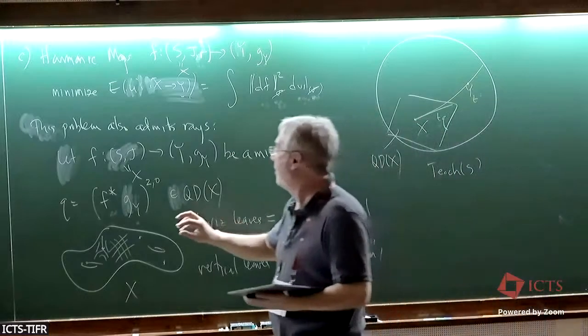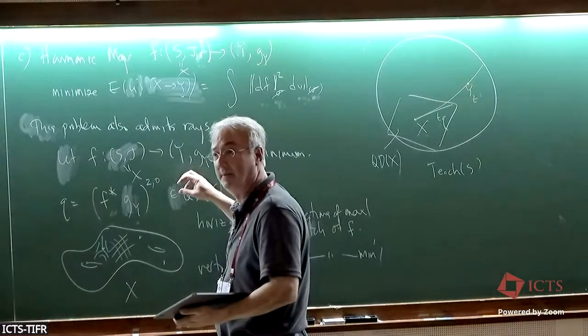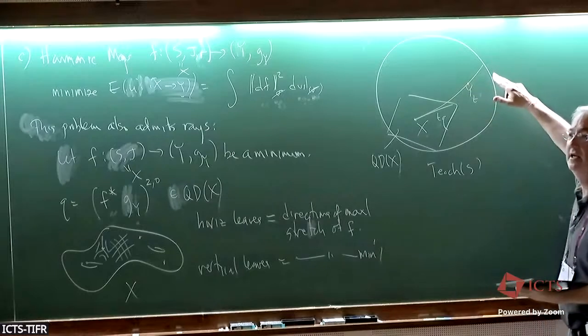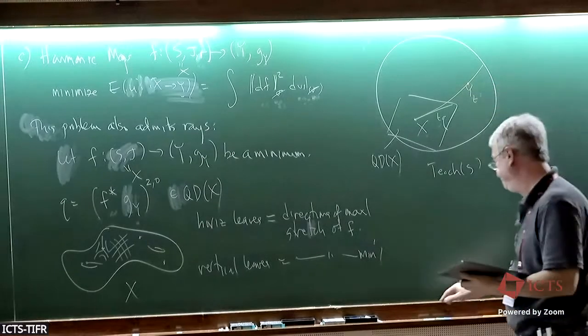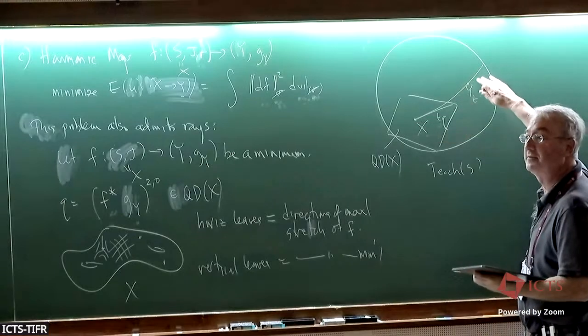So all of the patterns of stretch of the harmonic maps are identical to this whole family of hyperbolic surfaces in Teichmuller space.